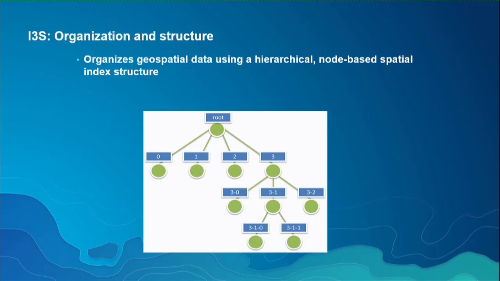And only then do you actually fetch the content, geometry, texture, and attributes associated with it. So this organization of the data using a hierarchical node-based bound spatial index structure is a key point about how data is organized for all I3S layers. Point, 3D objects, integrated mesh, point cloud all subscribe to this principle.